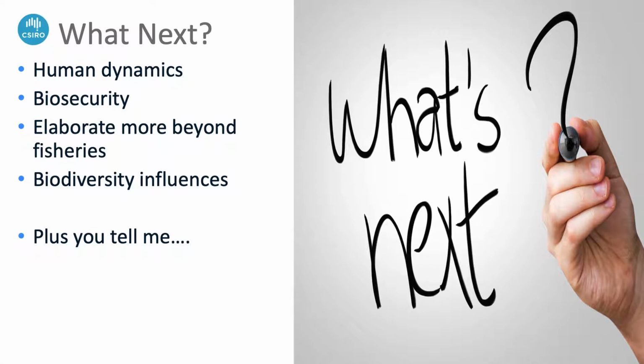As to what's next, I guess there'll be a bit more of an attention on those human dynamics as we play with them more in the context of the blue economy. Potentially biosecurity, I can see some advantage to having that inside Atlantis. Then again, I can also see advantages to it sitting outside Atlantis, but that is an option where I think we're currently a little bit light.